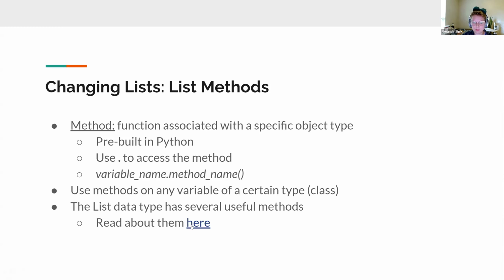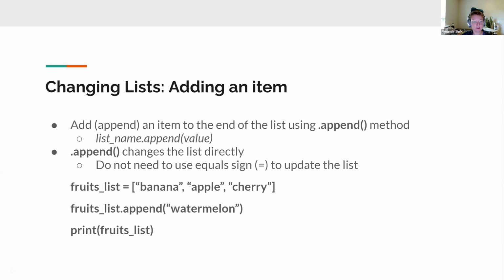So if you want to read about them, you can look at them here. We're going to go over, I think 4 is what I have in here. We're going to go over the main ones that I use the most, that I see other people using the most. So it's called a method, and you access it with the name of your variable and then a dot. We're just going to learn about list methods today, which you can only use on variables that are of type list. All right, so let's look at them.